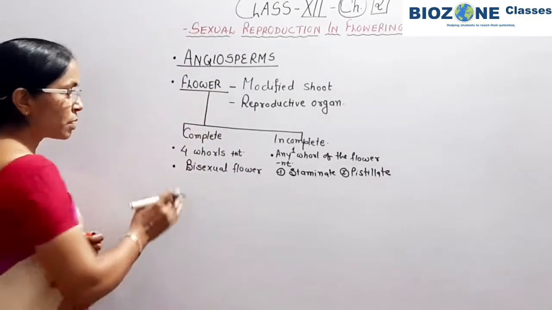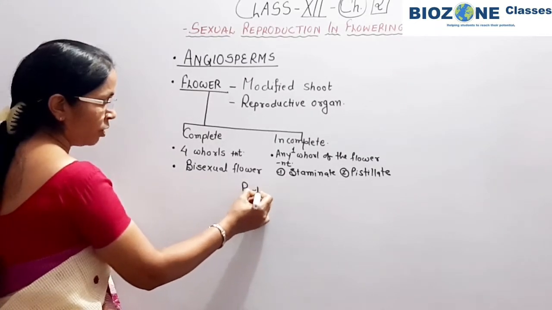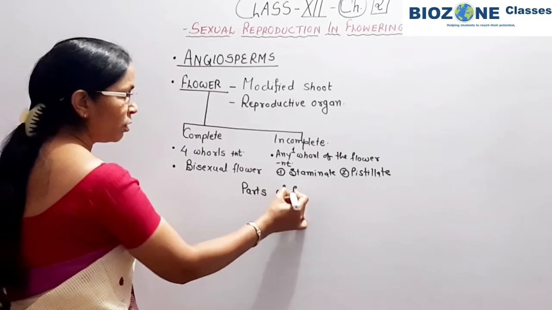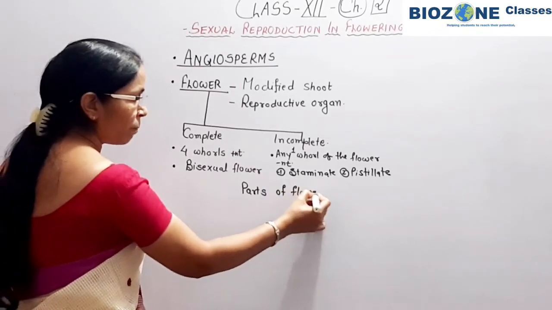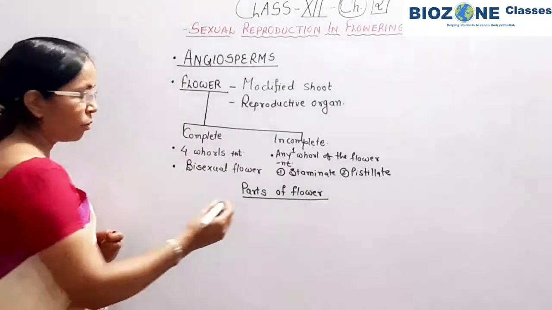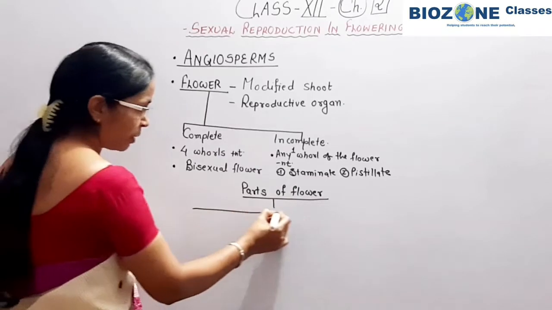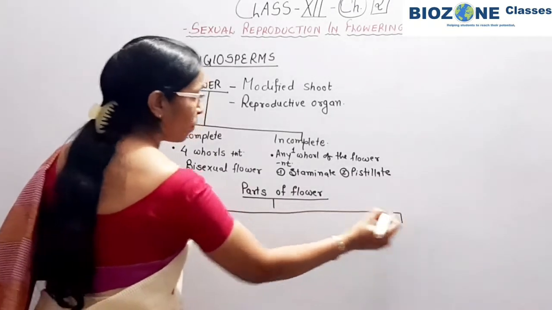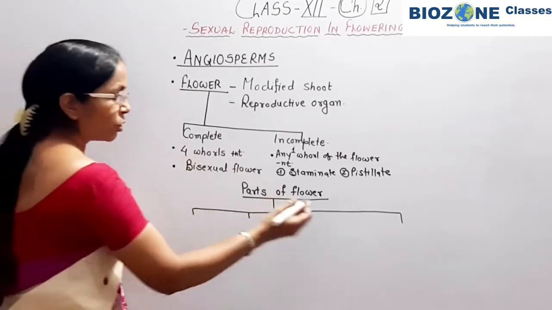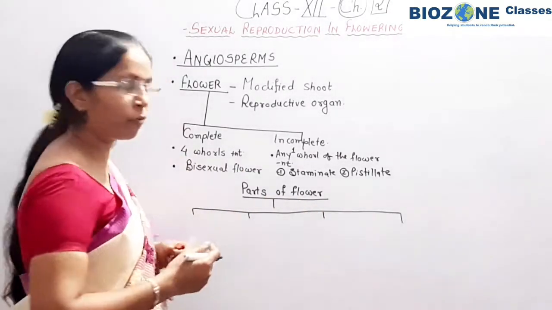Now, coming to the structure of the flower, we study the whorls or parts of the flower. Generally there are four parts of the flower, and we go from the outer towards the inner, meaning the center of the flower.